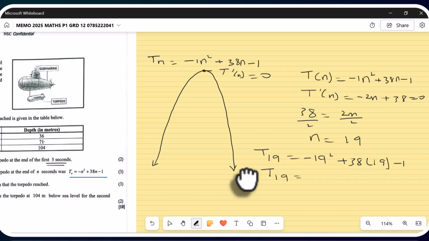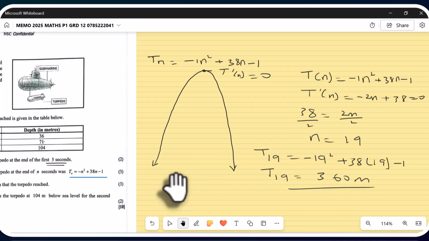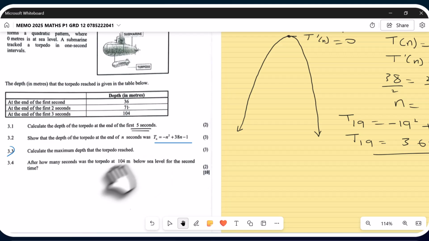Now they say here, after how many seconds was the torpedo at 104 meters below the sea level for the second time? Now if you check here, 104 is after 3 seconds, but for the second time, being a parabola, we know that if I may put this line here, which you guys see in blue, this is the parabolic shape.